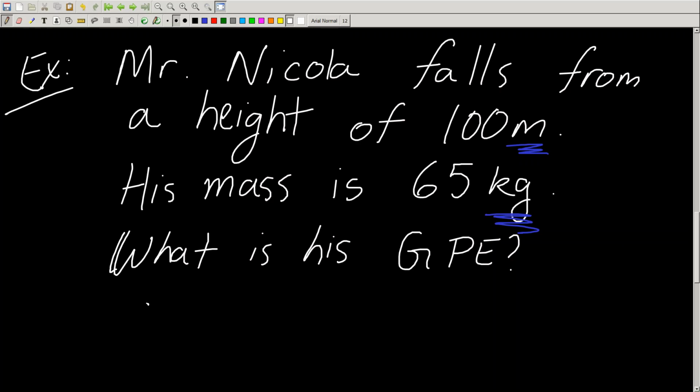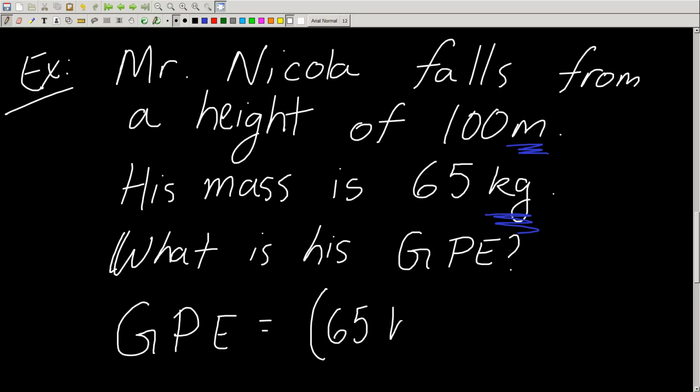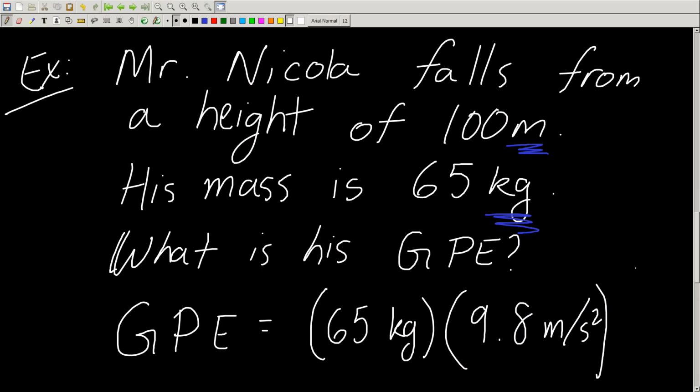Well, all you have to do is calculate the GPE, and that's mass times the gravitational acceleration times the height of 100 meters.